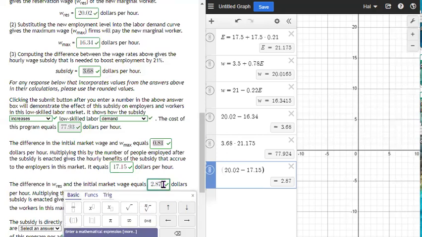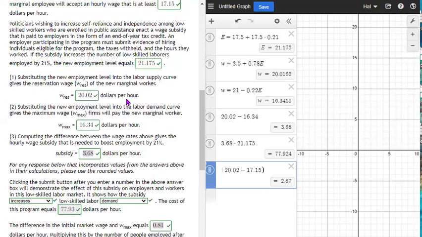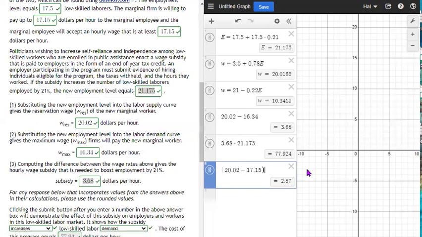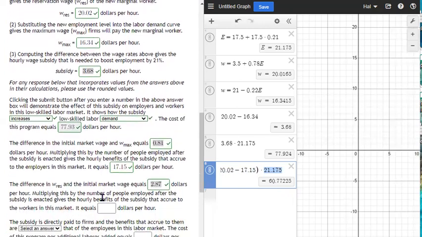So now we've got to multiply this 2.87 by this new employment level, right? And when I multiply the per hour subsidy that goes to each employee by the number of laborers that are now in the market, I get a total hourly benefit to these employees of 60.77.